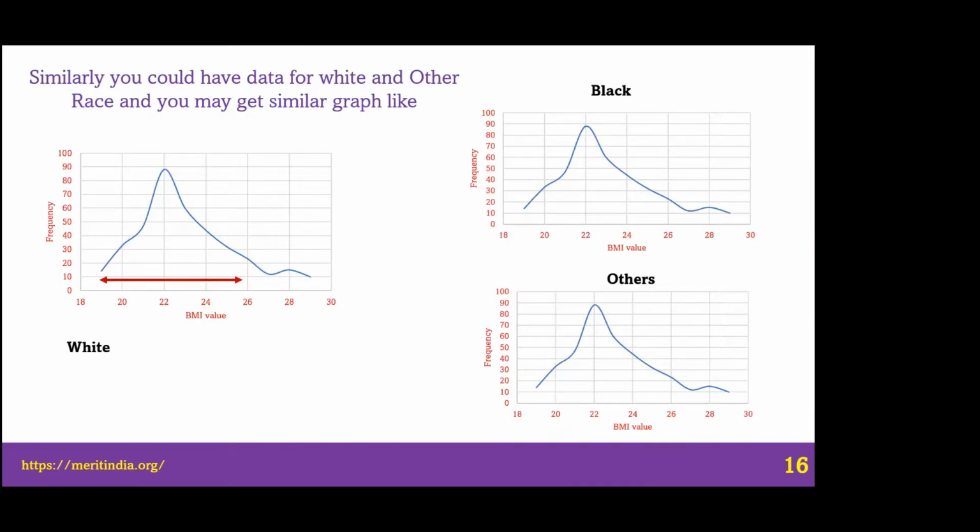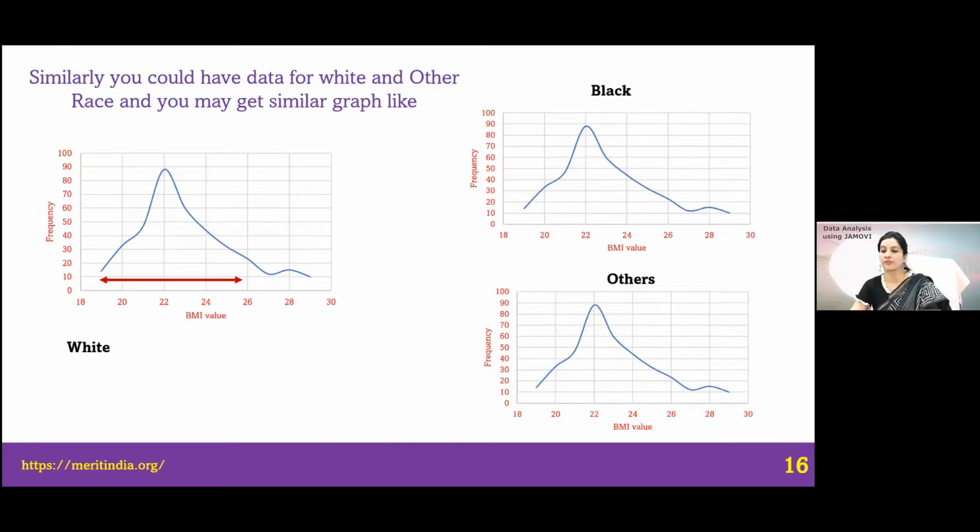Within the group, they are normally distributed. So that means it is the within group variance. All the three graphs which you are seeing now, this is the within group variance among the white, the black, and the others.